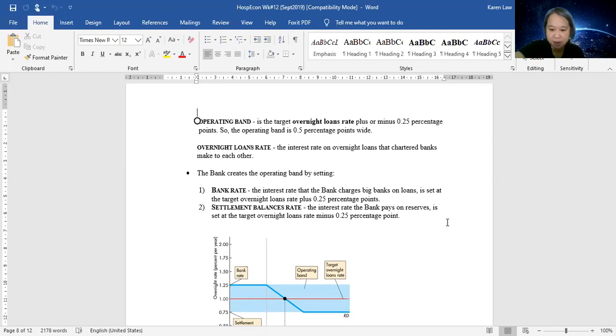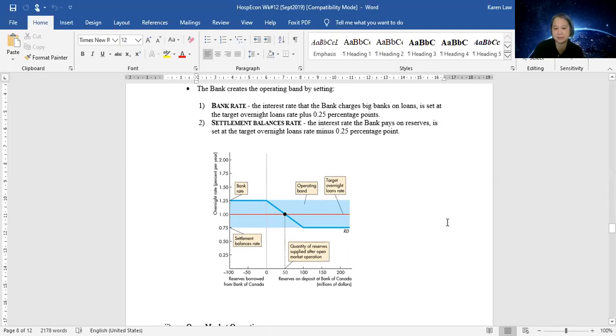So that is how your operating band is set. Your lower limit on your band is your settlement balance rate. 25 basis points, or 0.25%, higher is your overnight loans rate. And the bank rate is your upper limit on your operating band. The difference between your settlement balance rate and your bank rate is usually 0.5%.